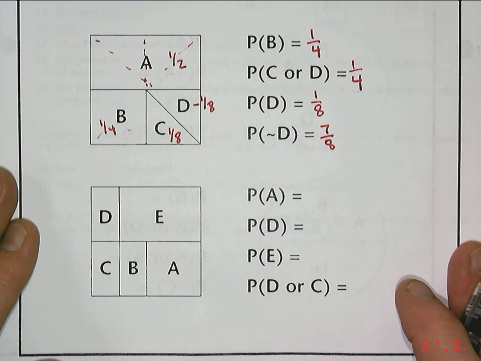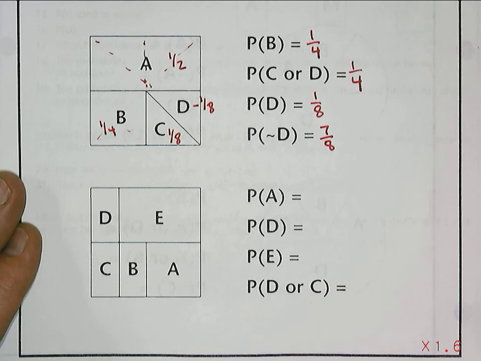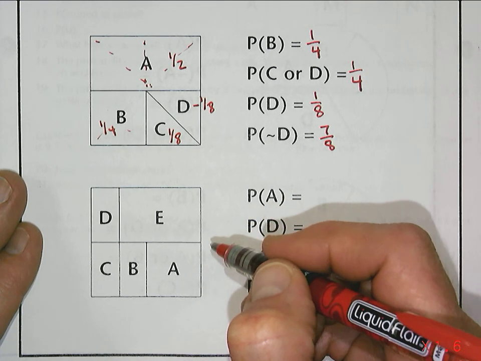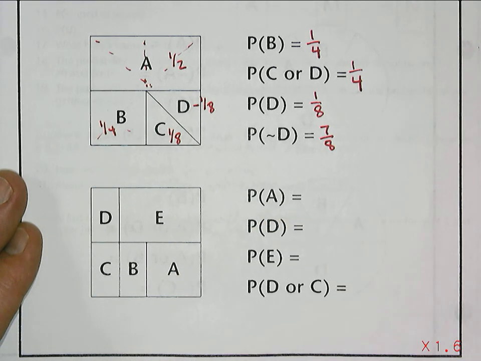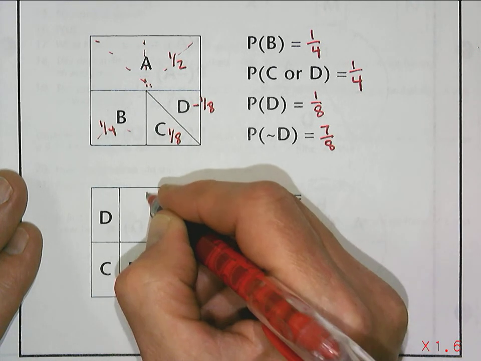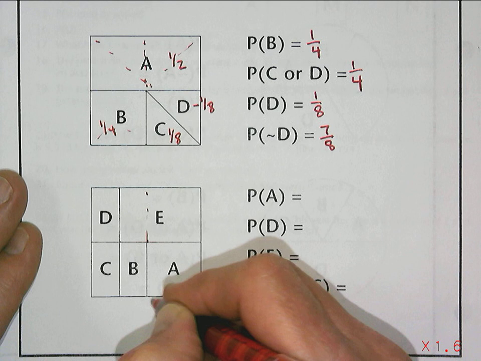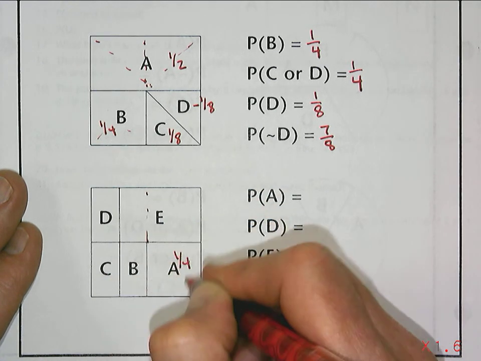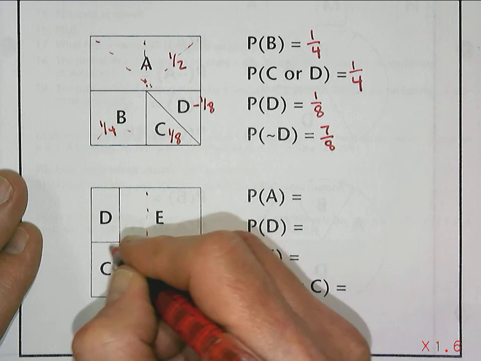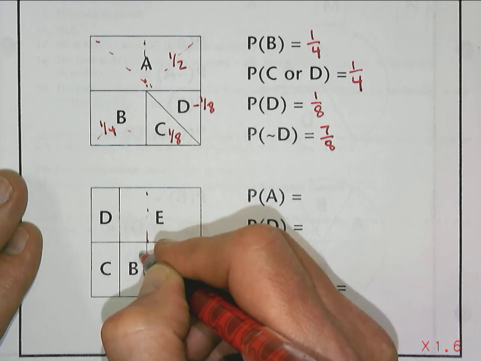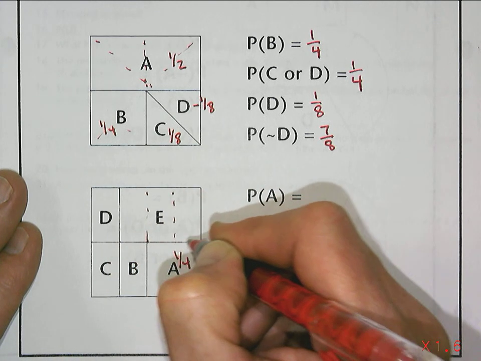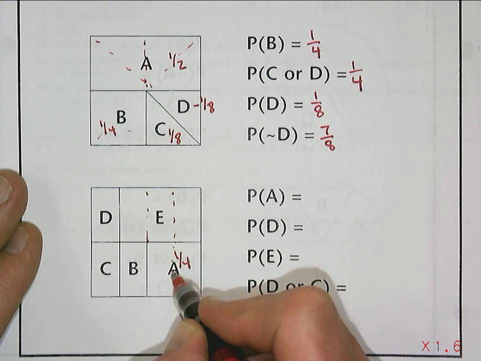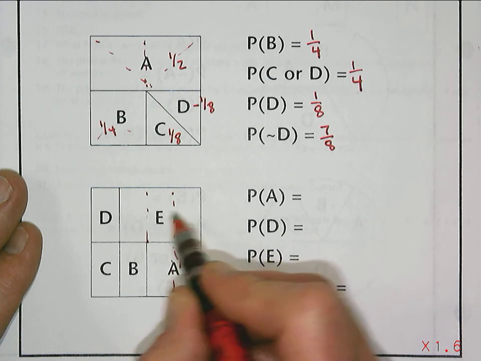So if we look at this last example, again, if we just take each piece and try to figure out what fraction of them, these are a little bit more challenging to figure out. But A, again, if you think of A as 1/4 of the whole dartboard, and then if we think of cutting it all up into pieces of that size, there would be 8 of them.